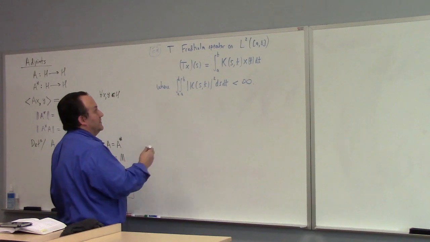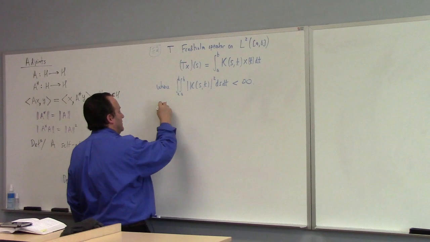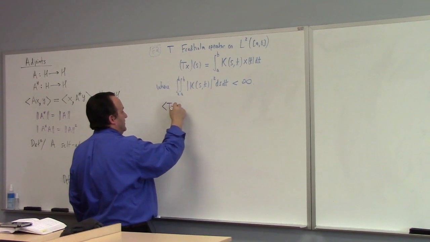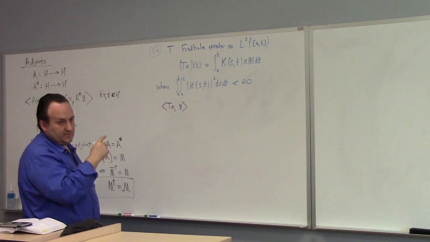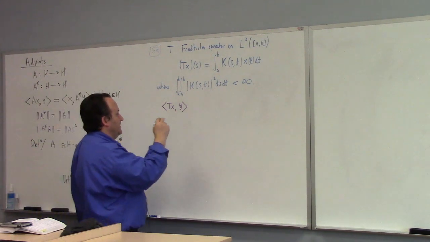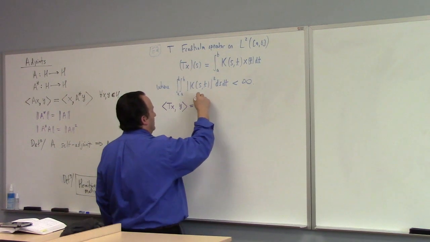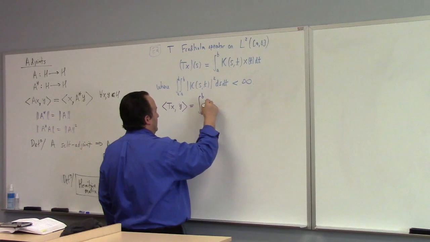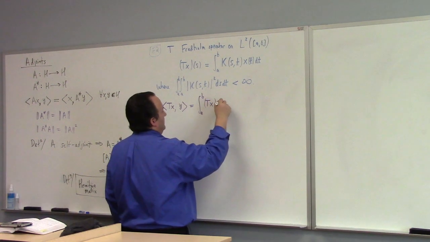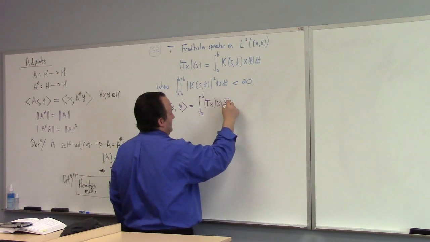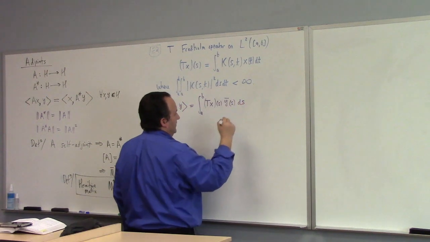To calculate that, we need to look at the inner product of Tx with y. Now, this is the inner product in L2, so that was defined to be the integral from a to b of Tx(s) times y conjugate of s ds, if I'm using that variable there.